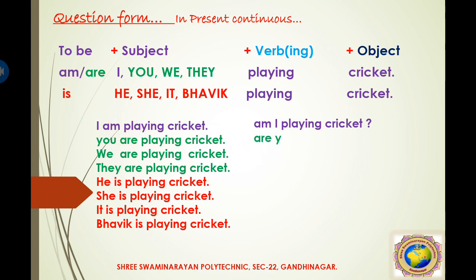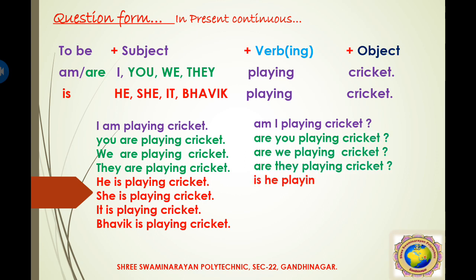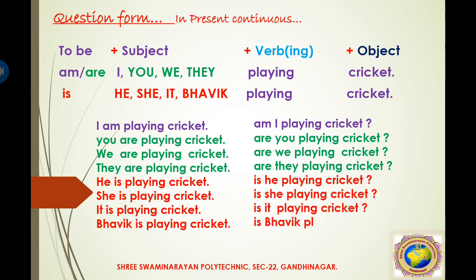In the same way, the other sentences are: are you playing cricket, are we playing cricket, are they playing cricket, is he playing cricket, like that. So this way we can make the present continuous form in question types. It is very easy. You just remember to shift the to be form before the subject. Nothing else needs to be changed.